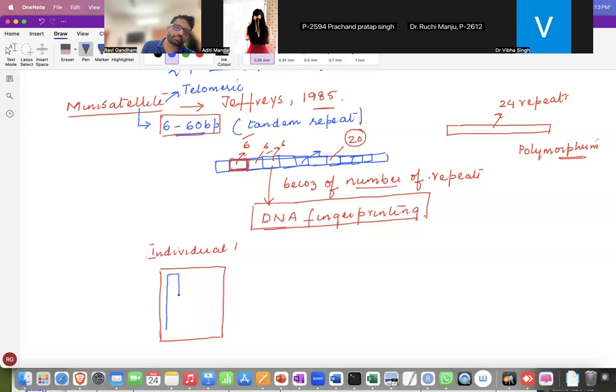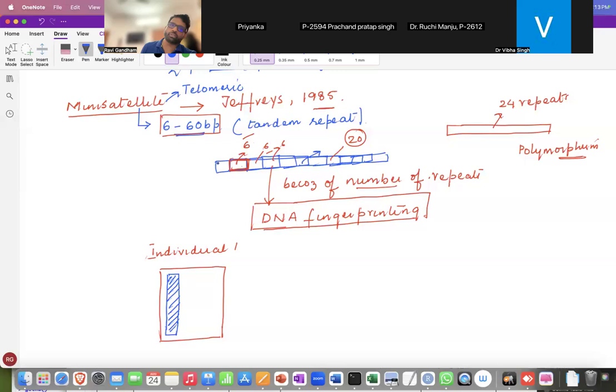You're digesting with restriction enzyme, and again you're running it on the gel. You expect that there'll be a smear all along, right? Now what happens? These mini satellites are present elsewhere in the genome as well, right? Distributed across.